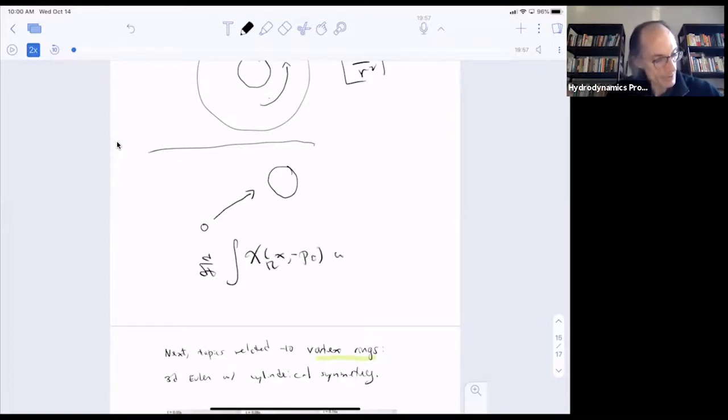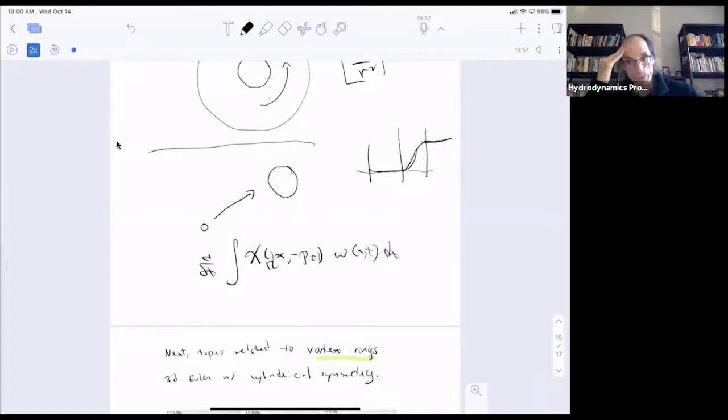We looked at something like this. This was this function chi, which looked like this. And so we're looking at essentially the amount of vorticity outside a ball of radius r, how that changes. That's the amount of vorticity flowing through the region here, the flux through this region where we go from 0 to 1.